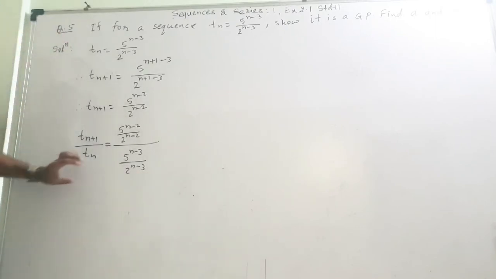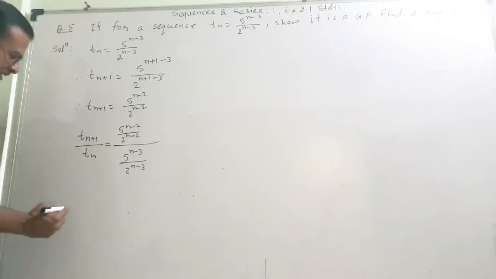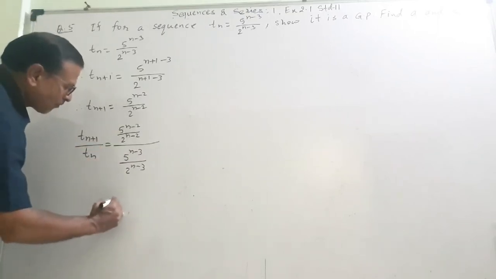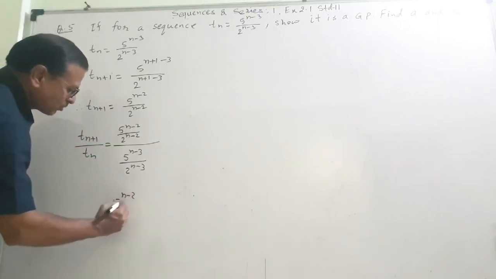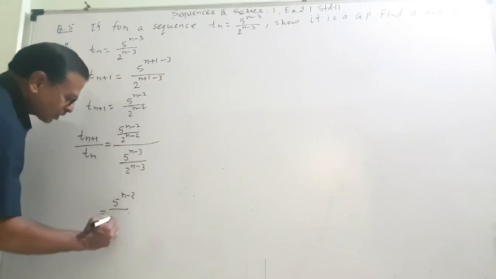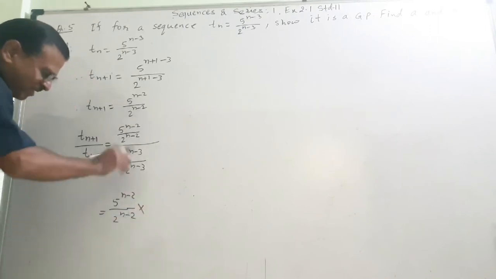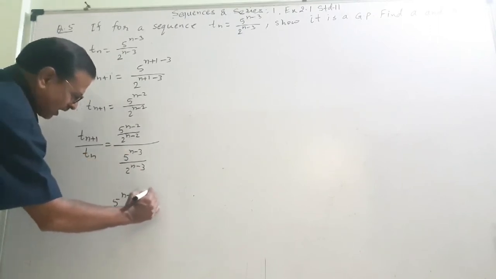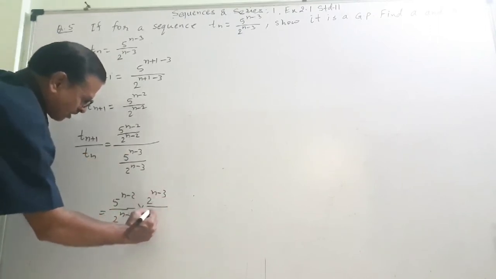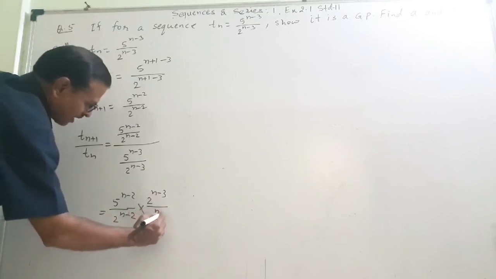Now how do I divide this? I will multiply it by taking the inverse of this. That is equal to 5 raised to n minus 2 upon 2 raised to n minus 2, and this I will flip it: 2 raised to n minus 3 upon 5 raised to n minus 3.